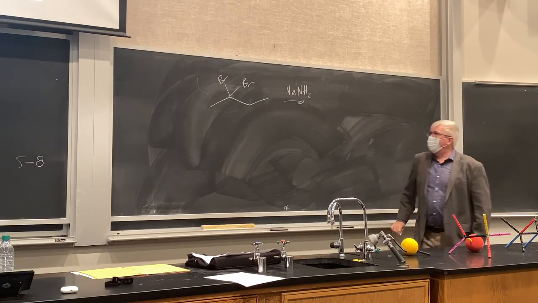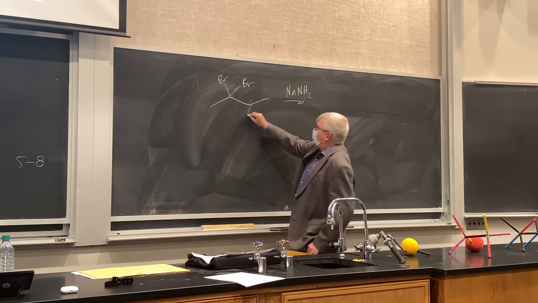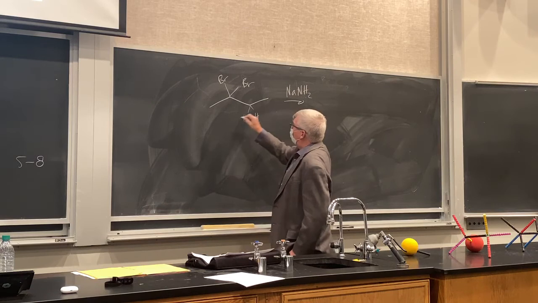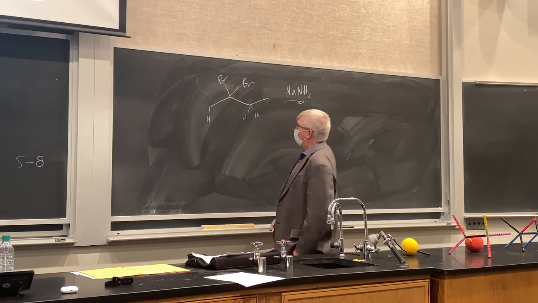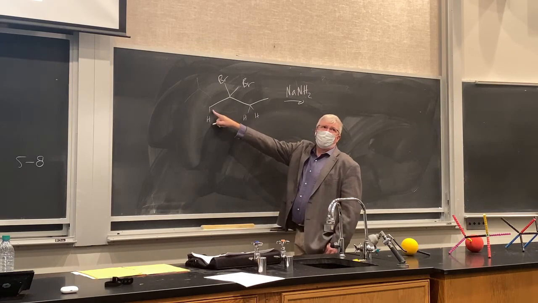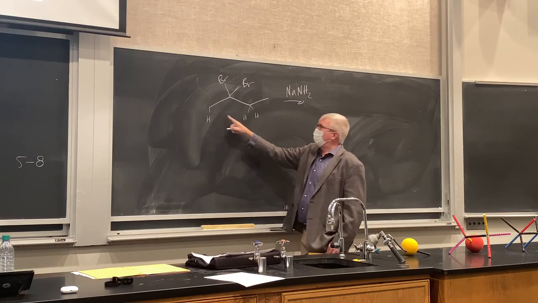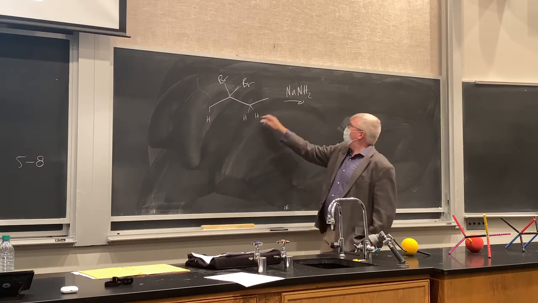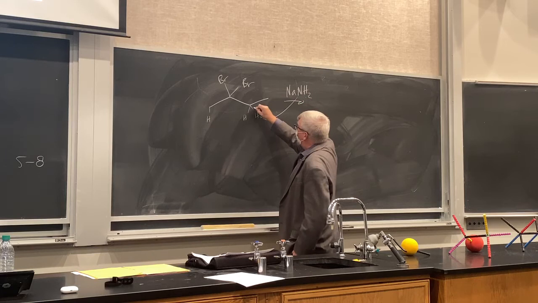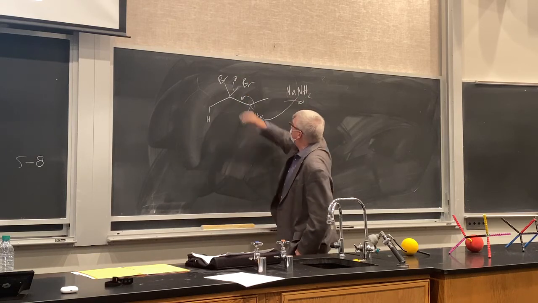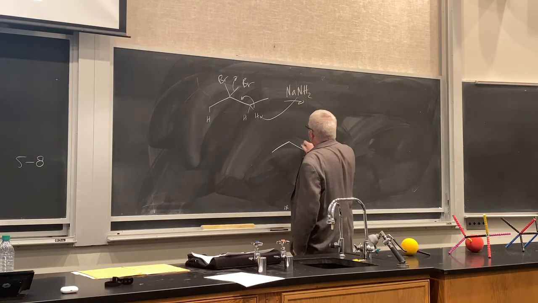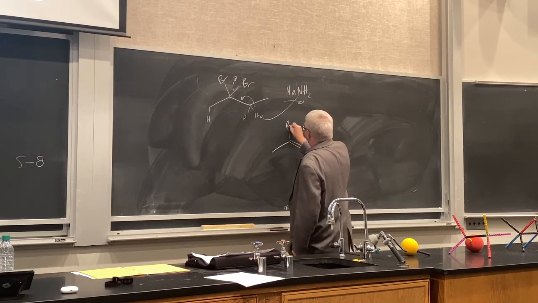And we'll do the elimination here. Zaitsev's rule applies. The more substituted one will go first. The methyl group, those are stronger bonds. The weaker bonds are at the more substituted spot. And that will give the more substituted alkene product. And our first product will look like that.